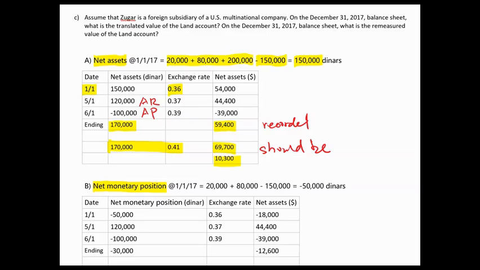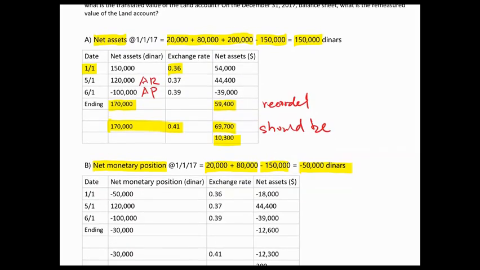The net monetary position at the beginning of 2017 is negative 50,000 dinar. The reason is that the land is no longer included in the net monetary position. We only have cash and receivables, minus notes payable. In terms of US dollars, it's negative 18,000.